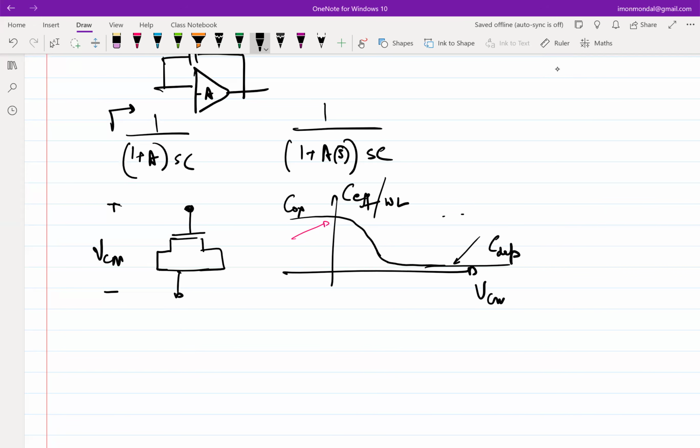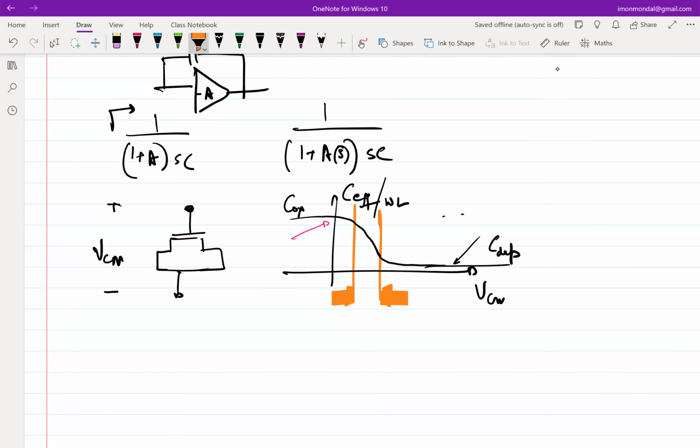Which essentially means that if you operate somewhere in this region, you are getting a continuous curve, which gives you a continuity of capacitances without any gap between whatever capacitance you want.